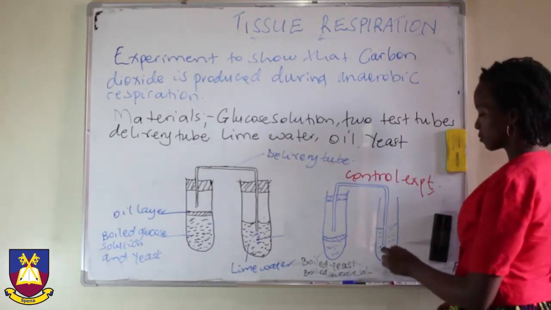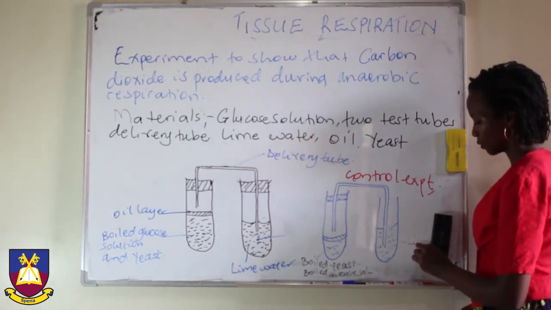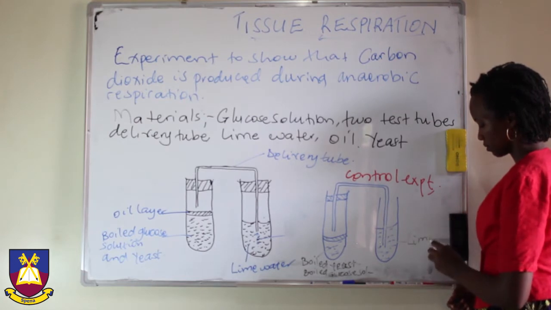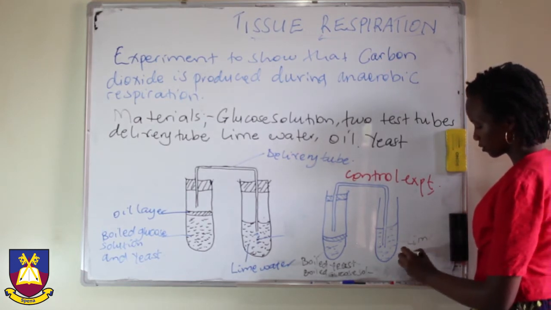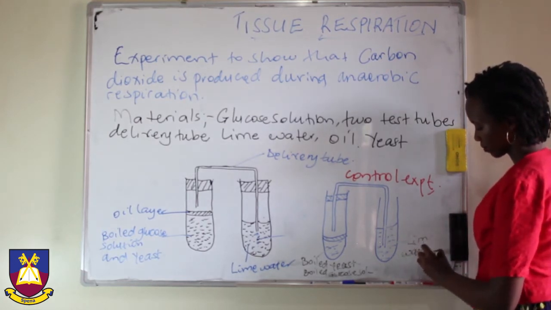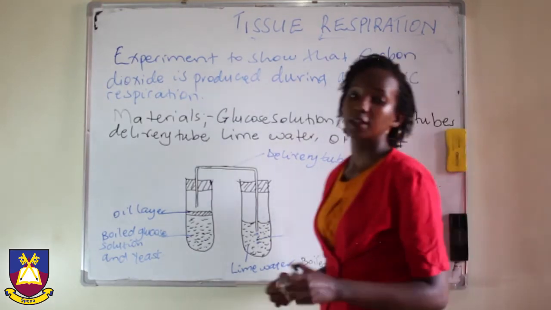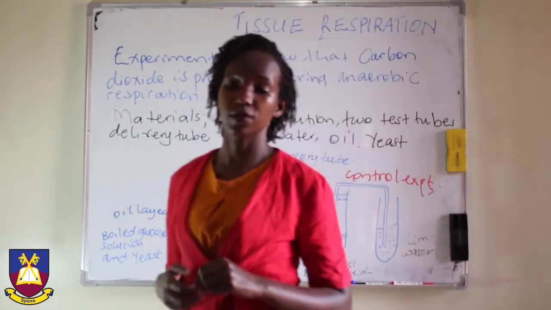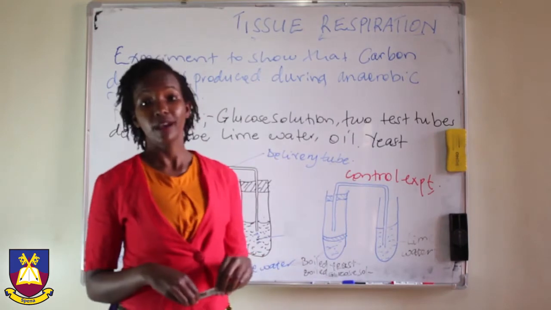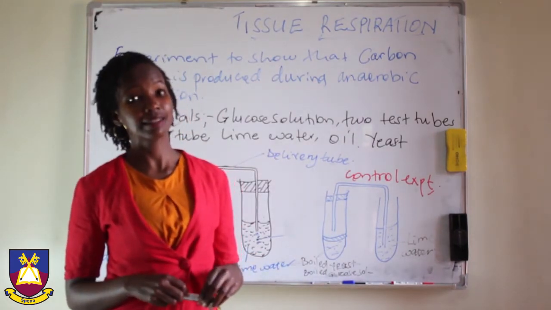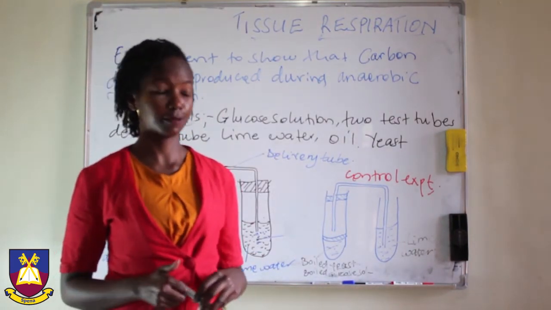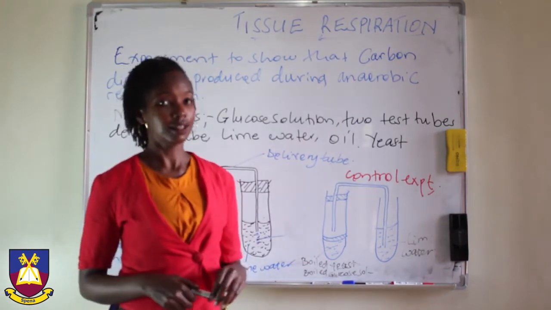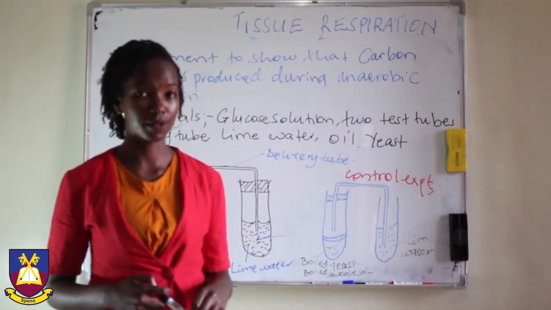The difference is that we shall not have bubbles here in the lime water test tube, and therefore we can conclude that carbon dioxide was not produced, and so respiration does not take place in dead cells. It only takes place in living yeast cells.